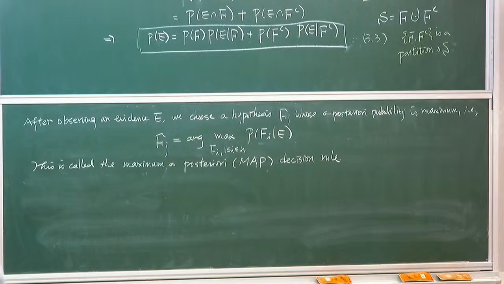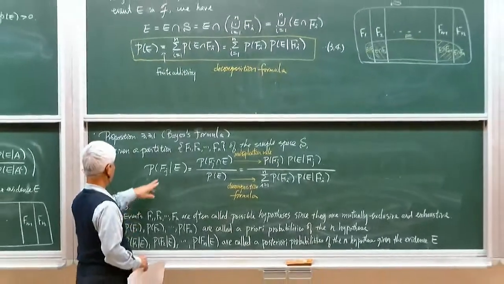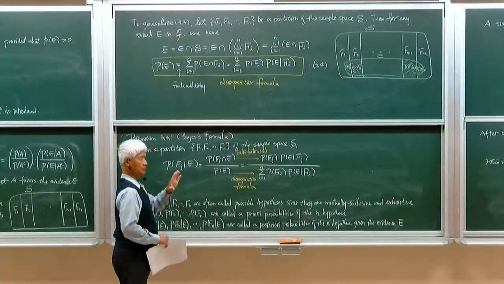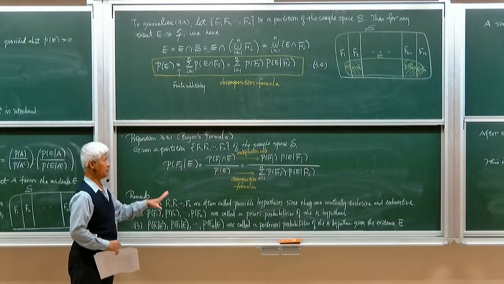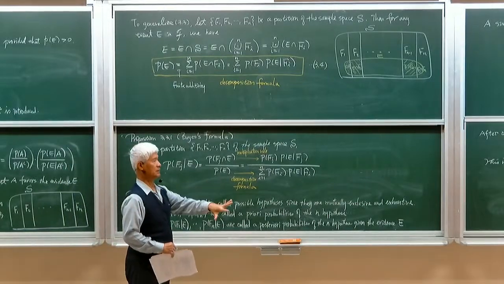In my criminal explanation, the hypotheses are just different suspects. But in communication engineering, F1, F2, and Fn would be possible messages to be transmitted from a transmitter to a receiver.